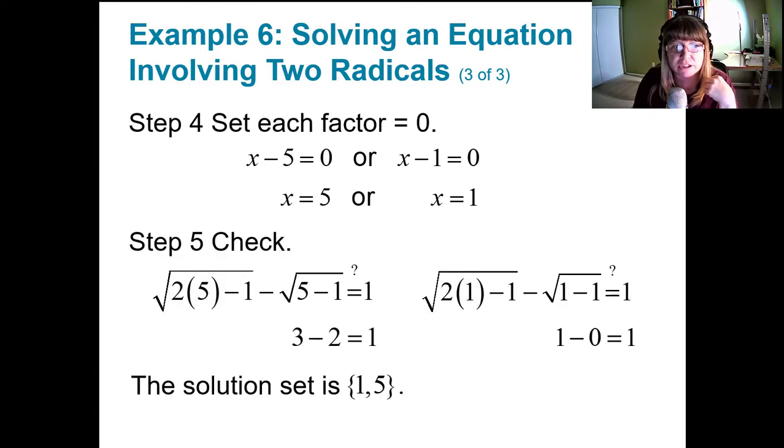Once we check our solutions, throw in a 5, we get actually 1 equals 1. That's a good answer. Throwing in the 1, checking our solution, we get 1 equals 1. So in fact, even though we blew it up twice, both of our solutions are good solutions. So our solution set, 1 and 5.